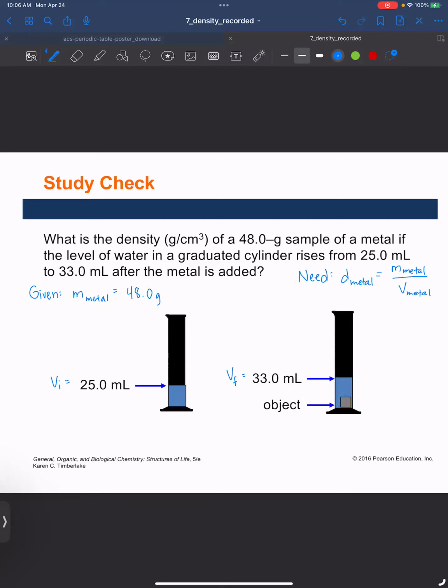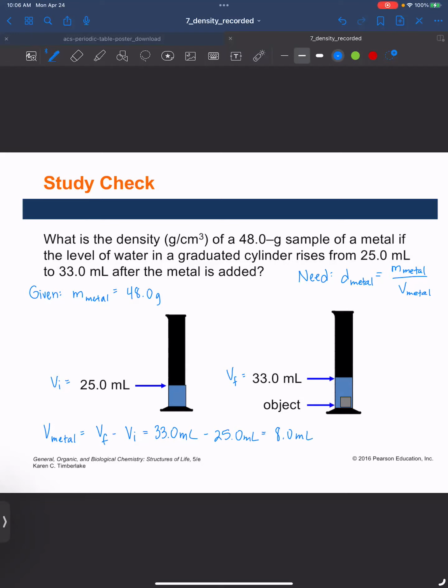And we just learned that with volume displacement, we can find the volume of an object. In this case, it's a metal object, by taking VF minus V initial. And so that would be 33 milliliters minus 25 milliliters is equal to 8 milliliters.